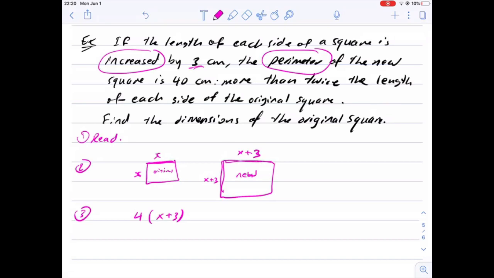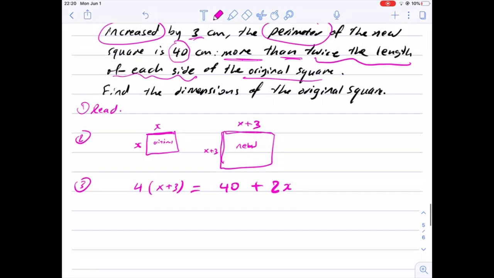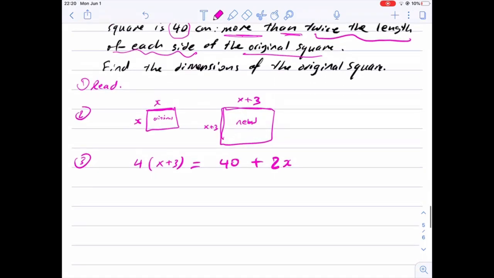Now this is equal to 40 more than twice the length of each side of the original square. More than means plus, and the length of each side of the original square is x. So this is how we write the equation.